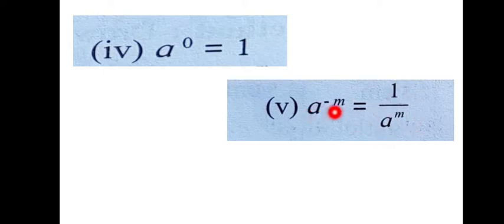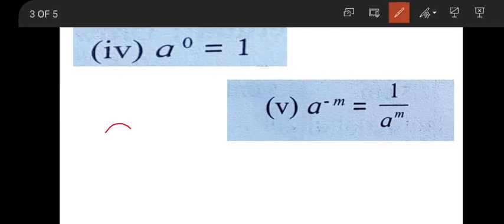It means if some number's power is in negative form, and if you wish to bring it to the positive form, you have to write the base in the denominator so that you can make the power positive. For example, a raised to minus 2.